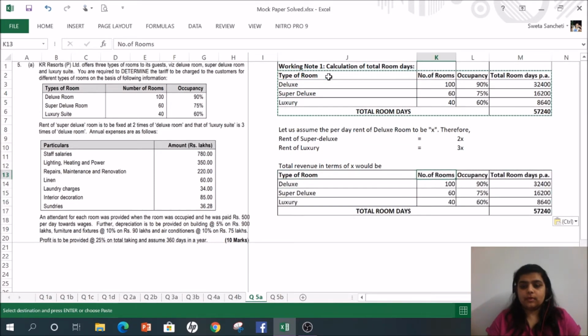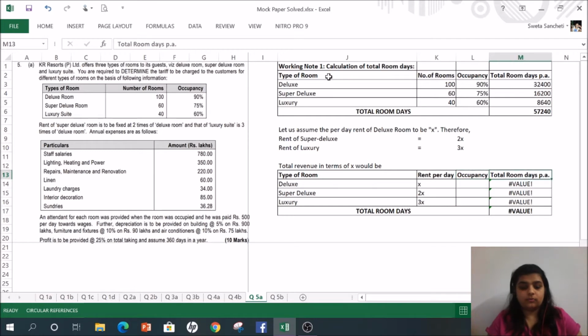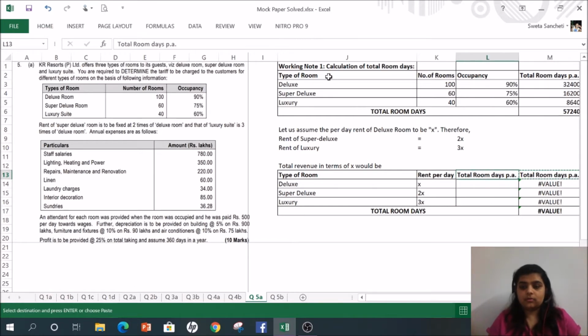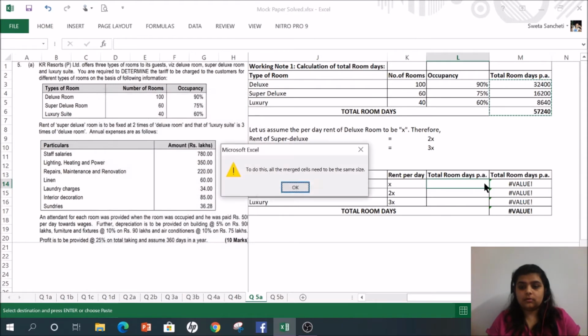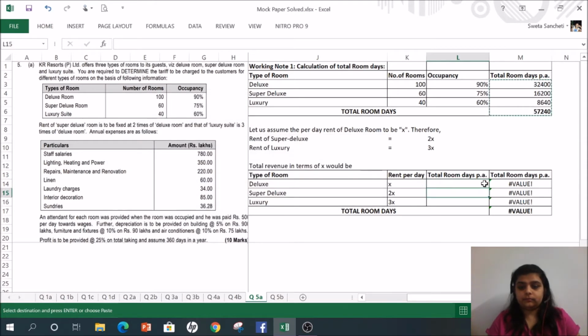Type of room, the rent per day. For deluxe it is x, for this is 2x, and this is 3x. Right. So here I will calculate total, I will write down total room days. That is equal to this.